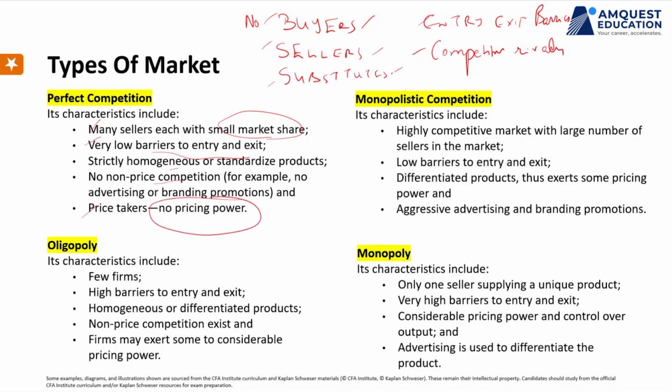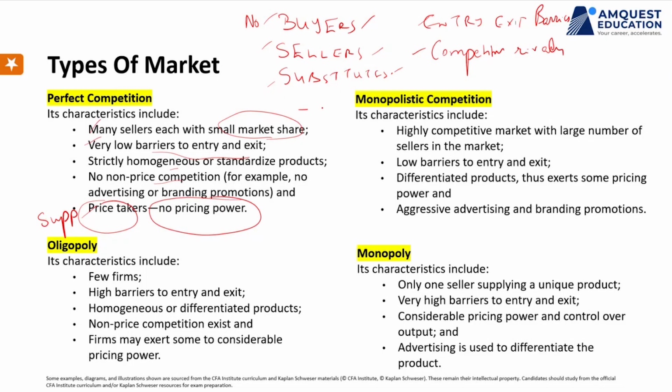So the person who sells a bottle of Bisleri has no choice but to accept 20 rupees as the market price. He can't come and say, oh, I want to sell my bottle at 25. The market will not allow him to because everyone sells at 20. Got the logic? So the suppliers are called price takers.